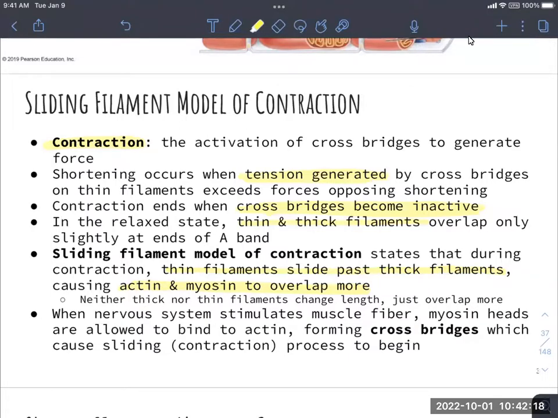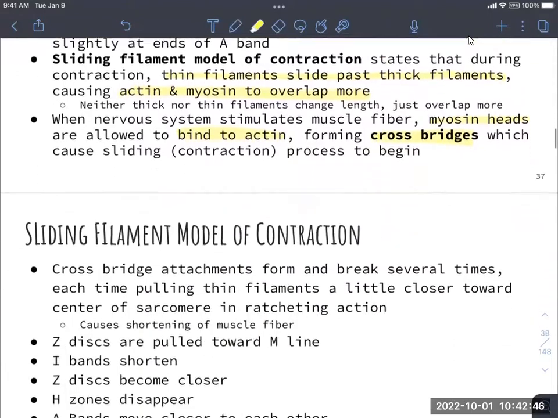So when our nerves tell our muscles to do something, that stimulation from the nervous system is what allows those myosin heads to bind to that actin, and that's what a cross bridge is. When those slide, that is the sliding filament theory.